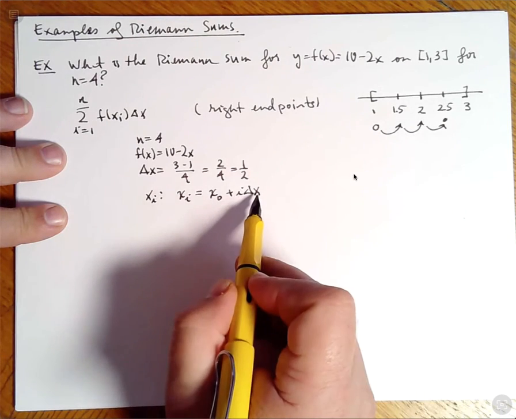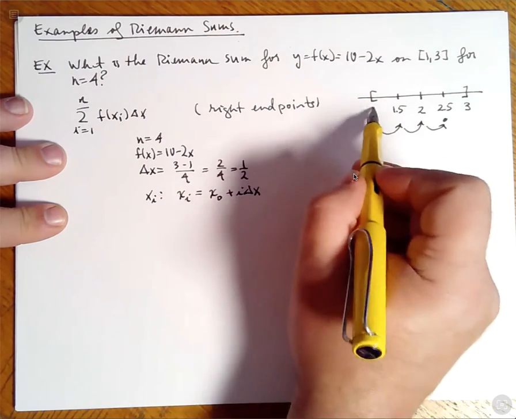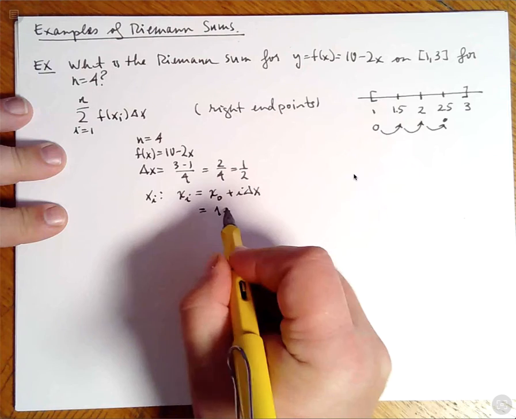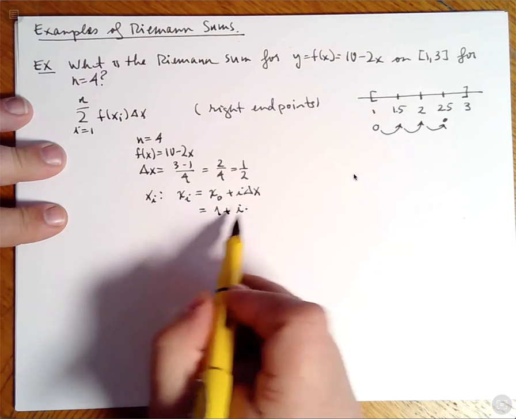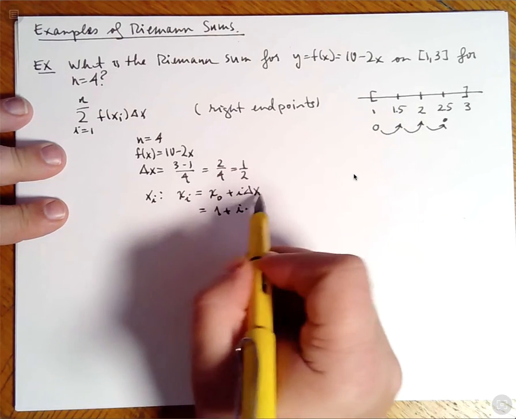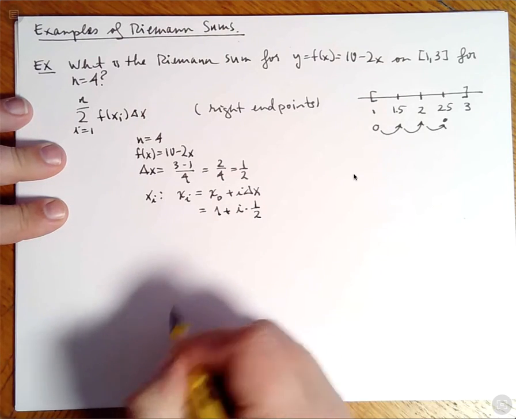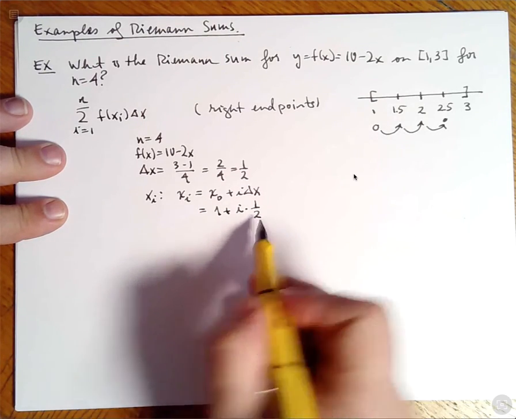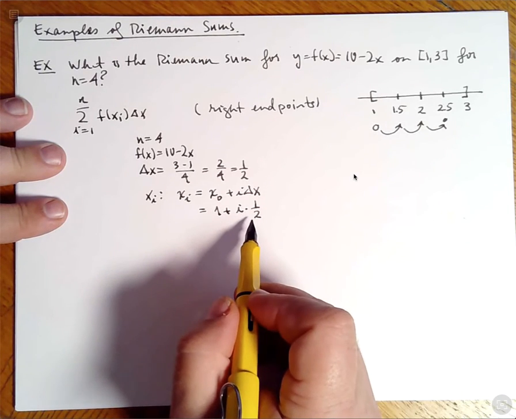That's what this means. So for us, x naught is 1. The i goes along with this, so we're not going to specify that because it's our index. And then delta x is 1/2. So here's our formula for each of our partition points, and that's how I want to write it down for now.